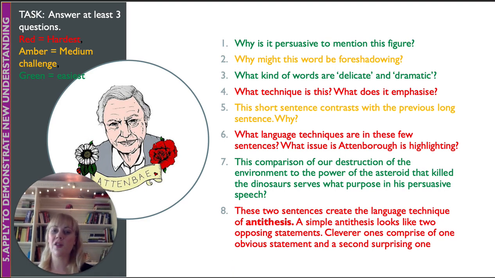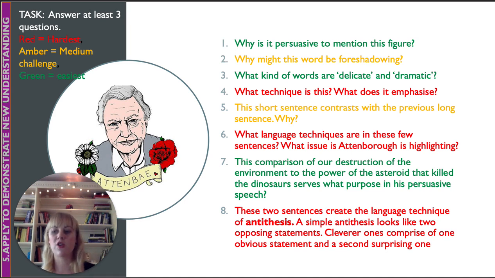Right, so what I'd like you to do is pick 3 questions to answer. If you want a challenge, you're going to try the red ones, they're your hardest. The amber level of challenge is medium difficulty, and there are 2 of those to choose from. But you still need to answer 3 questions. It's just that there are only 2 in the medium category, and green is the easier level of questions.